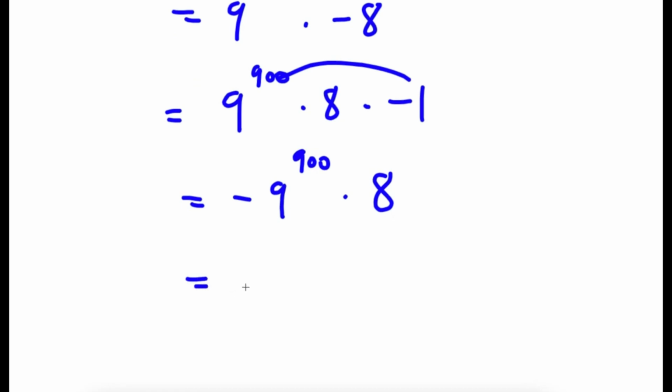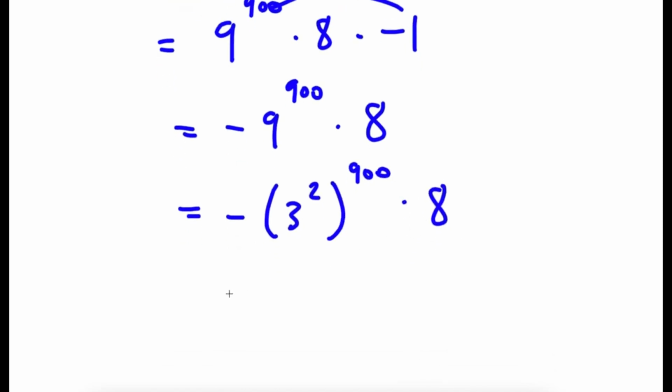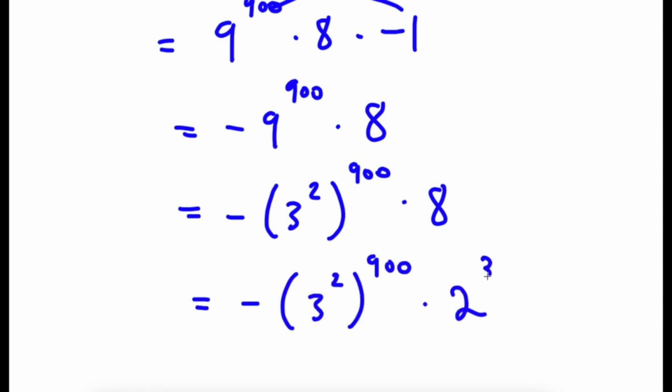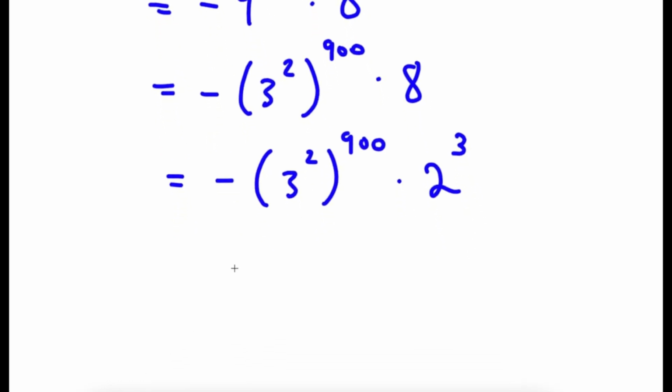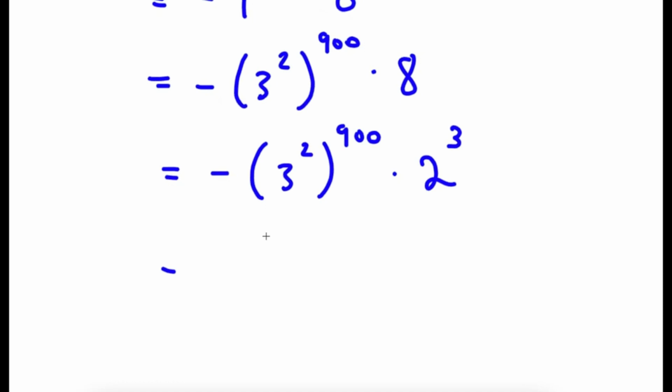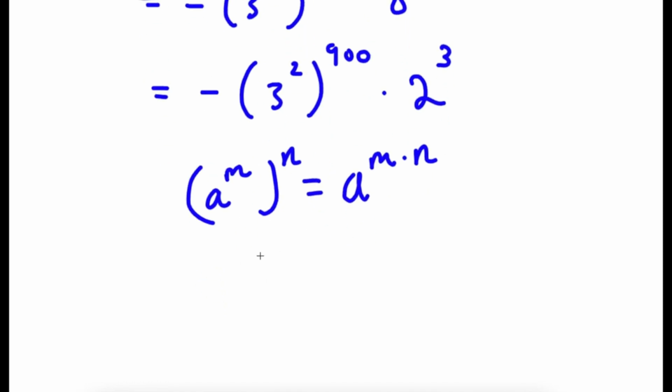Now 9 is equal to 3 squared, so I have negative 3 squared to the power of 900 times 8. Now 8 is the same thing as 2 to the power of 3, so I have negative 3 squared to the power of 900 times 2 to the power of 3. So now if I have something in the form a to the power of m to the power of n, this is equal to a to the power of m times n.